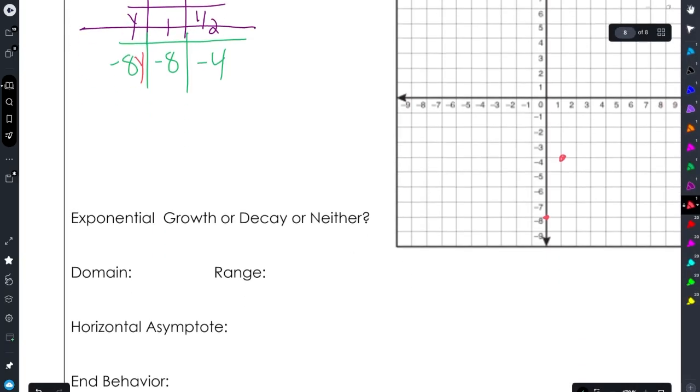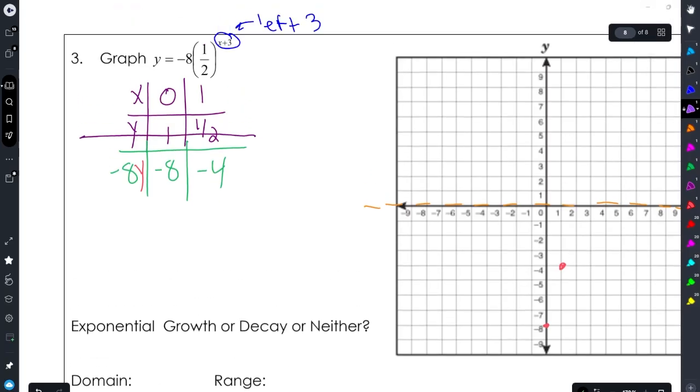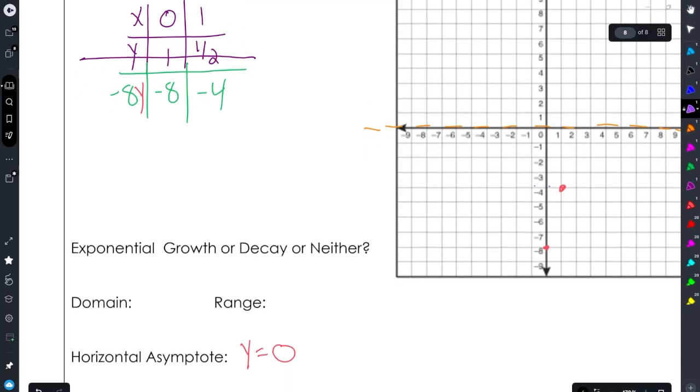Now our asymptote is y equals 0 because we don't have a k value. So I'm going to draw that. Now I'm going to move each point to the left 3. So 1, 2, 3, 1, 2, 3.